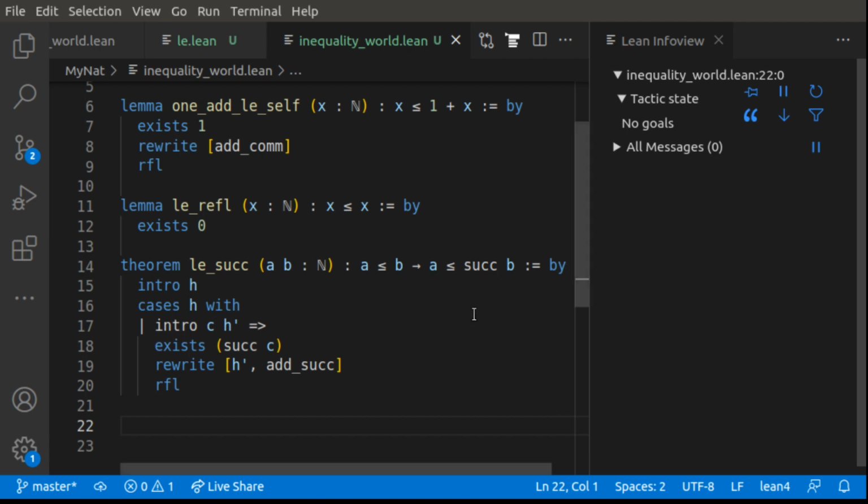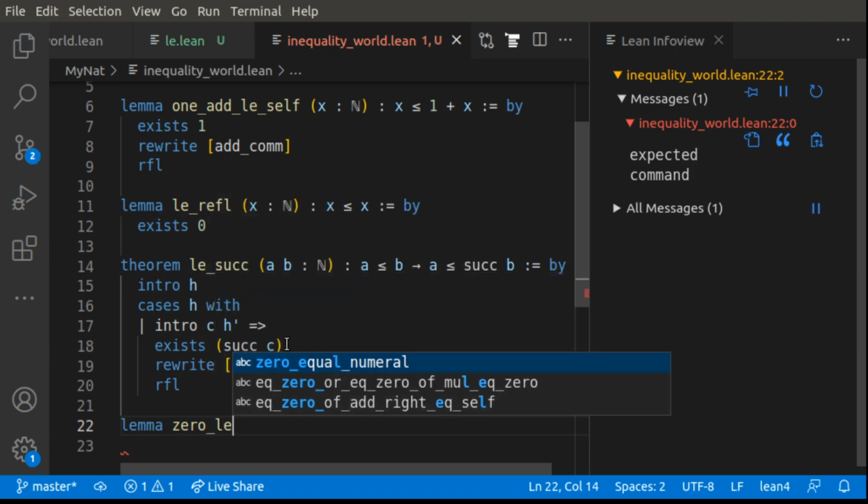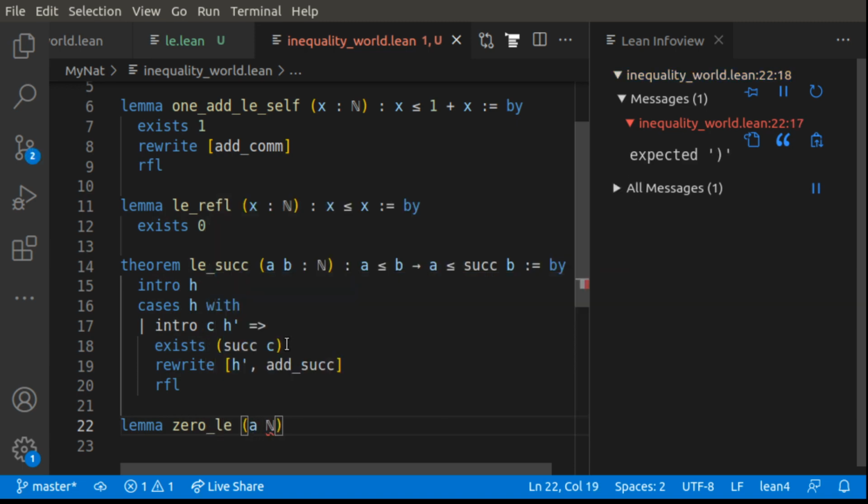Okay, 0 less than, okay. Lemma: 0 less than or equal to A, where A is a natural number. Oops, don't want that. A is defined to be a natural.